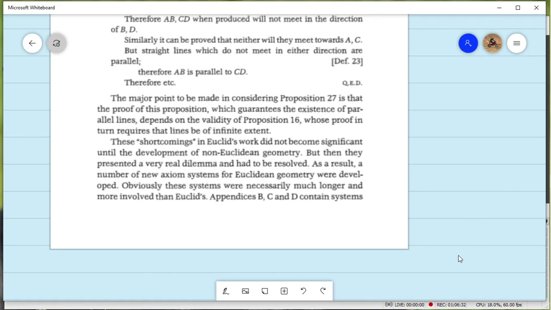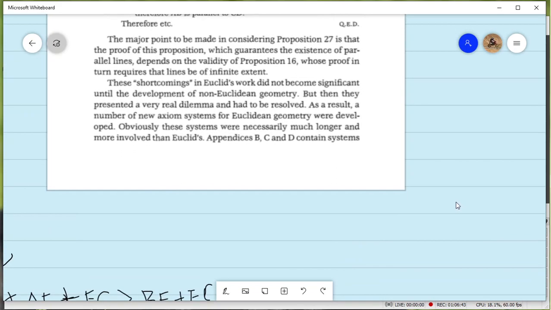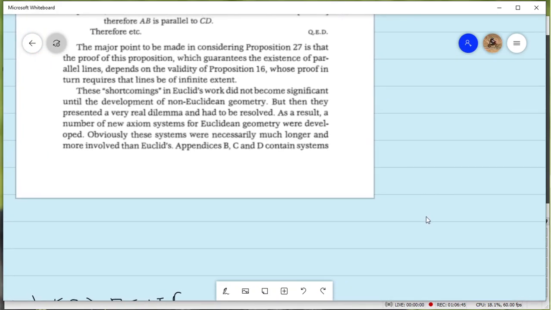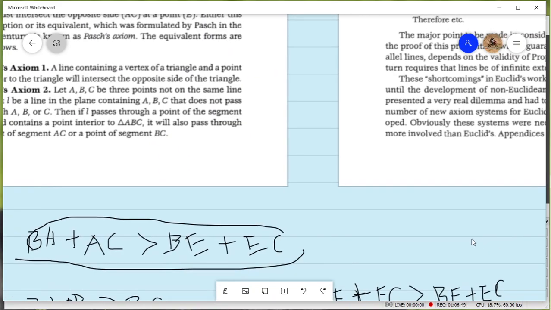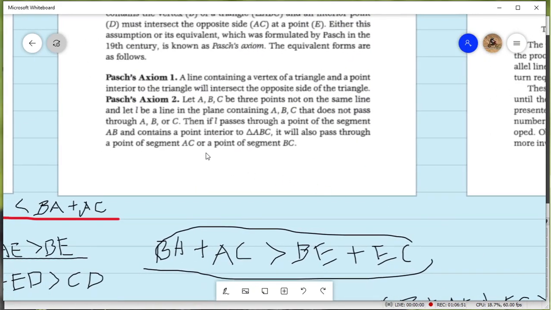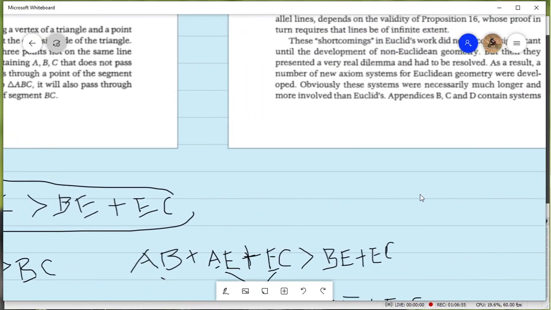By groups, you are to make your own video discussing the flaws of the proofs given to you in each group, and then also you are required to do your learning task number 4, wherein you are to show that the two statements of Pasch's axiom are equivalent.